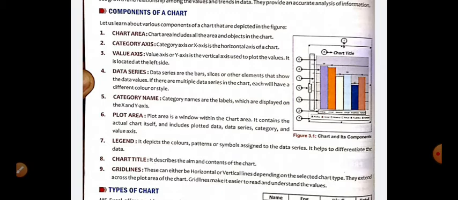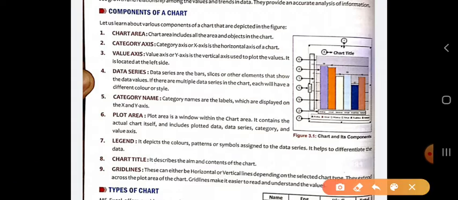Now the legend. Legend depicts the colors, patterns or symbols assigned to the data series. It helps to differentiate the data. In a geographical map, you use this legend very frequently.